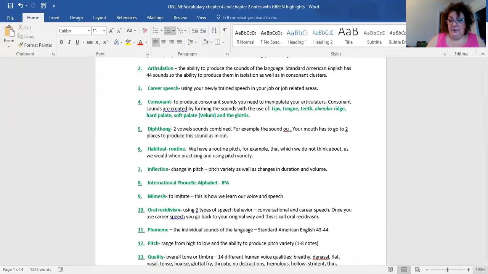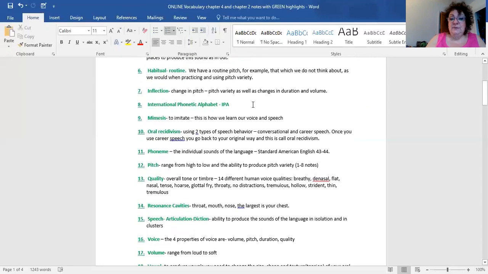Inflection, we've heard that word before, which is change in pitch. But sometimes when we change our pitch, good morning, we may change our volume. Good morning. I may soften it with a higher pitch. Good morning. I may make it louder with a lower pitch. I can slow it down. I can speed it up. Good morning. Good morning.